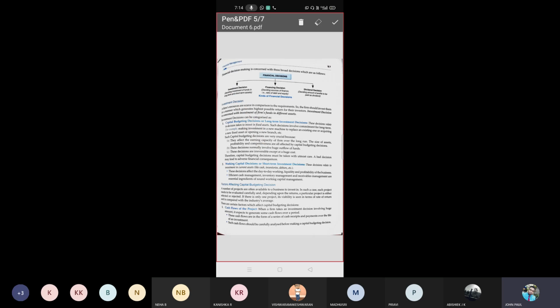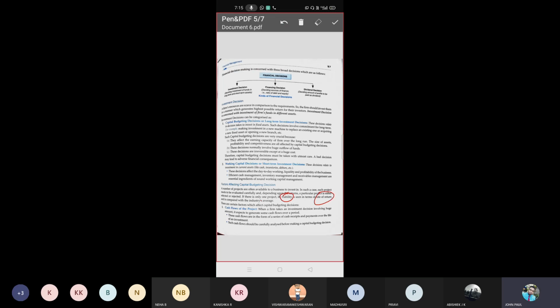Anyhow, when we are investing in any business, based upon the return, if it gives return we will select it. If it does not give return, we have to reject it. If there is only one project, its viability is seen in terms of rate of return.